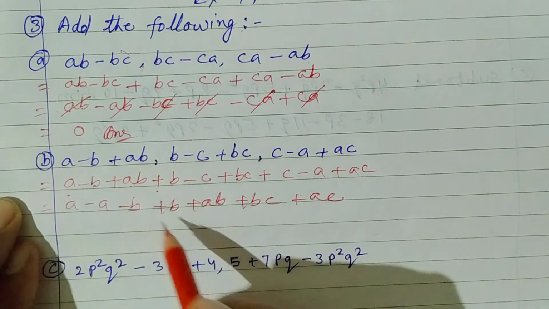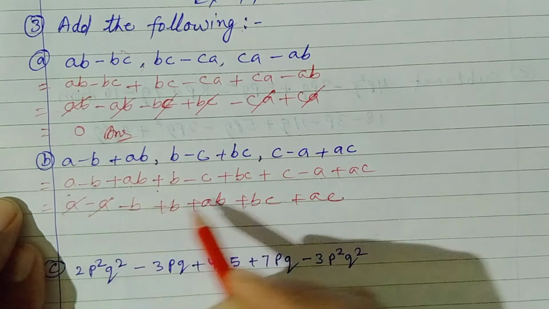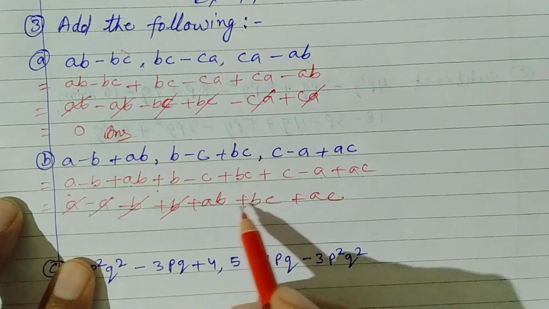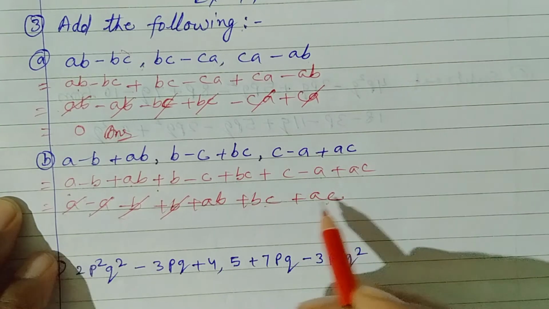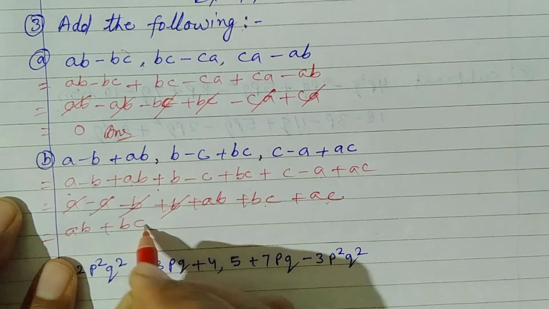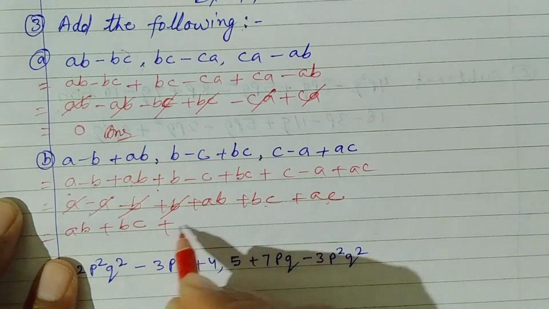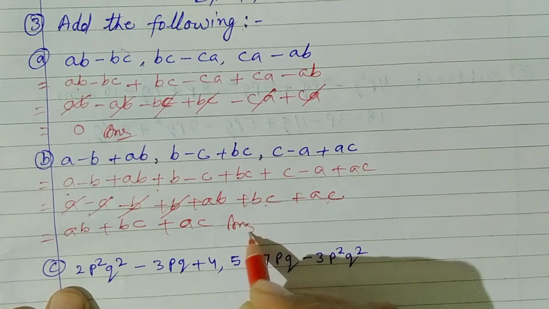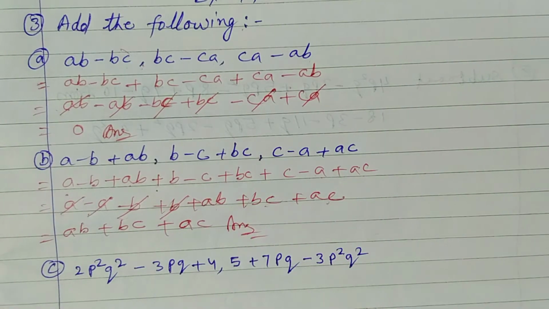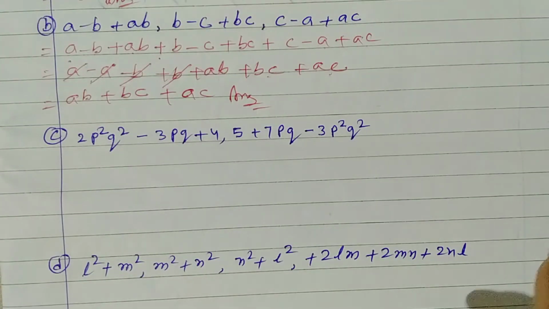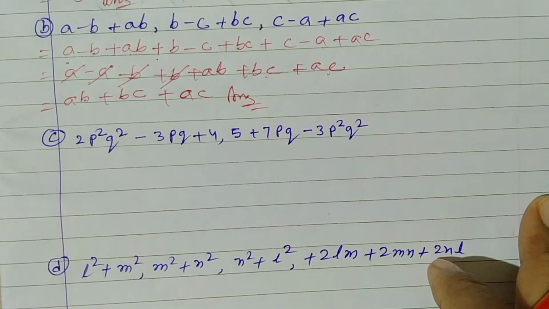After that we can see minus A plus A cancel, plus B minus B cancel. What is left? Plus AB plus BC plus AC. So we can write here AB plus BC plus AC. So this is the answer. This way, question b is also completed. After that, question number c.